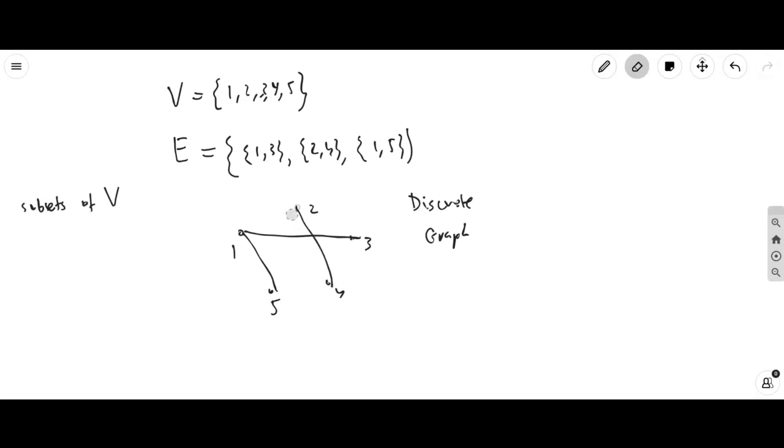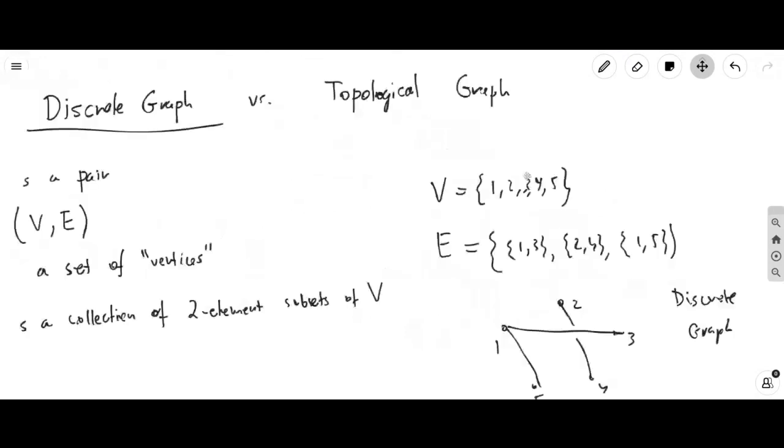And then it will actually matter if you cross over, because imagine if this crosses over, then that means your topological space is connected. But if the edge actually goes behind the other one, then that would mean your graph is disconnected. So you are changing the topology, and therefore a topological graph would be a little bit different.